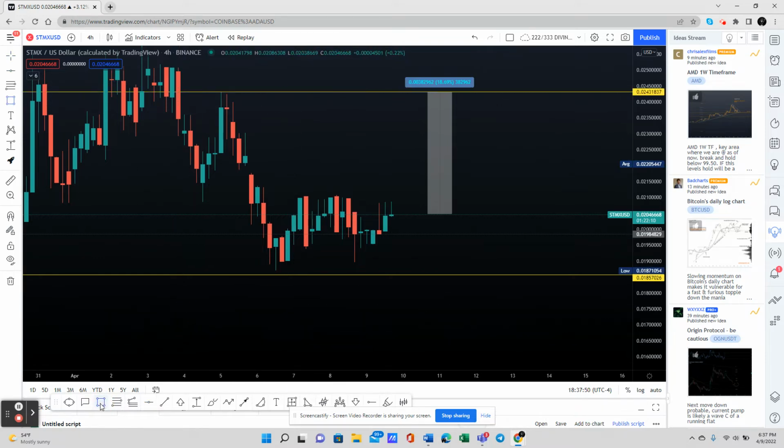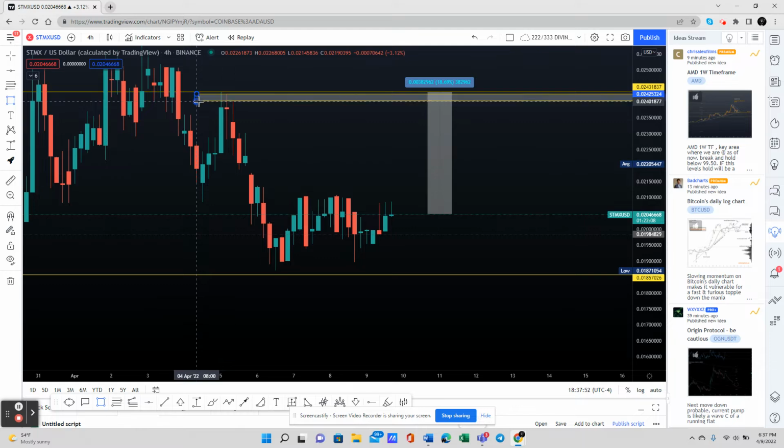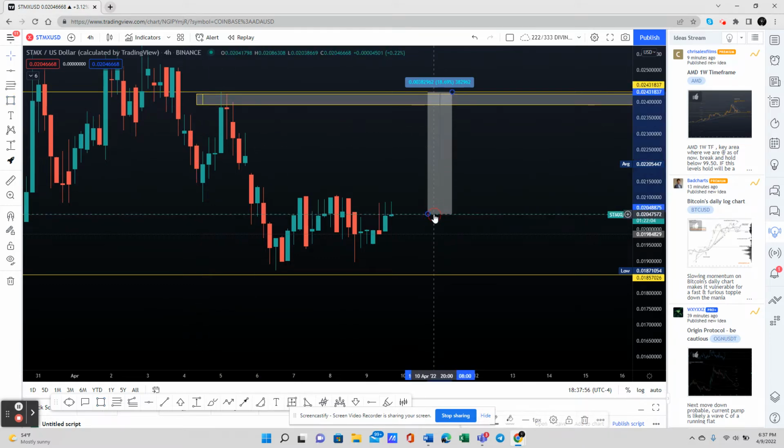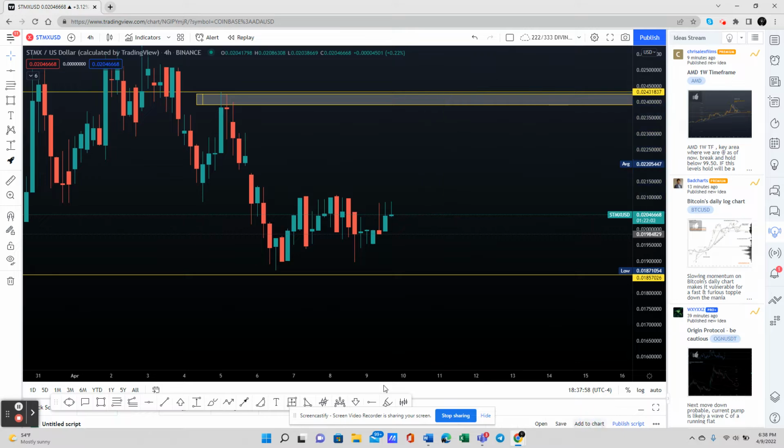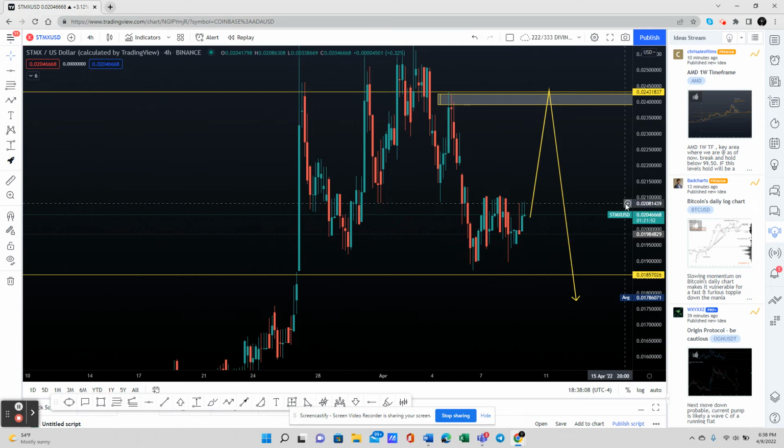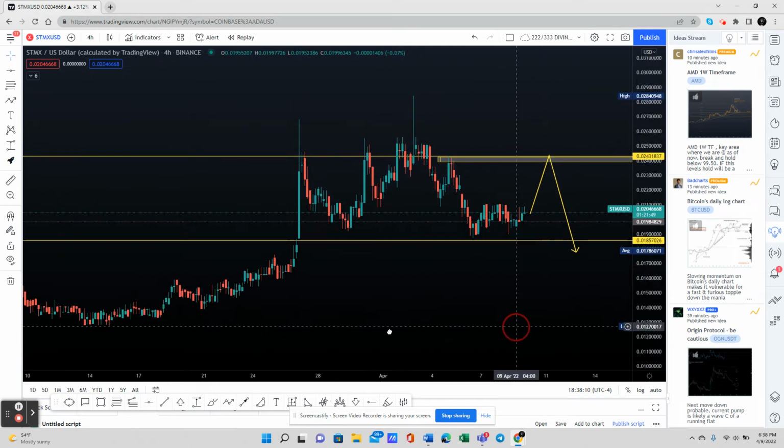Price may push back up here, this would be the unloading zone, and this possibly could be setting up. We get a push, and like I said, we could theoretically push back down to this region. All right, it's something to keep an eye on.